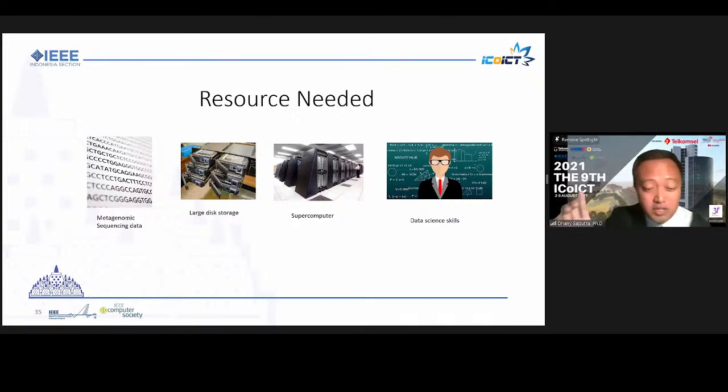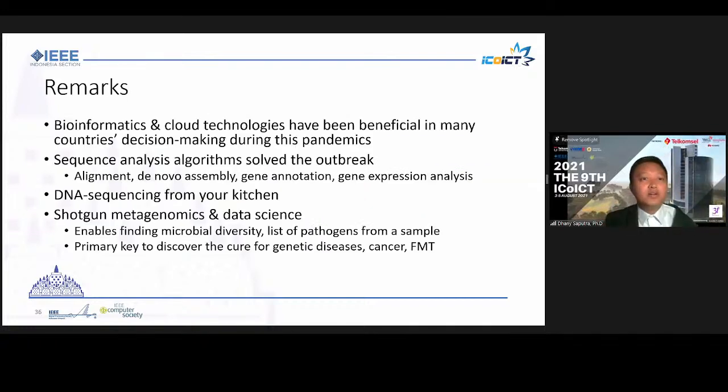So to sum up, bioinformatics and cloud technologies have been beneficial in many countries' decision making during this COVID pandemic. Just checking the time, it's almost finished. Sequence analysis algorithms have solved the outbreak, using a lot of algorithms like gene alignment, de novo assembly, gene annotation, gene expression analysis, and many others, like string matching.